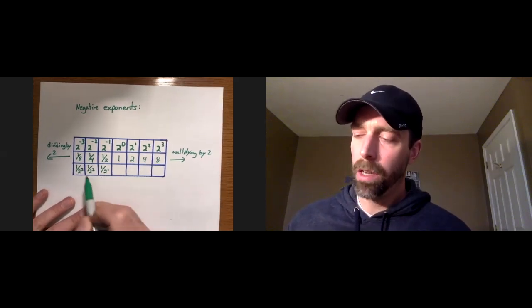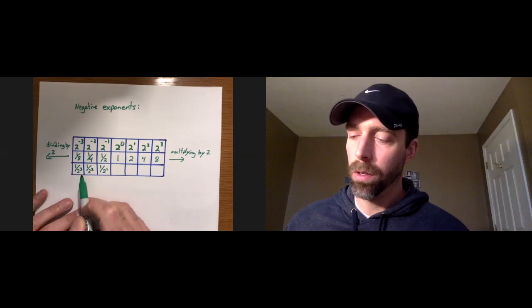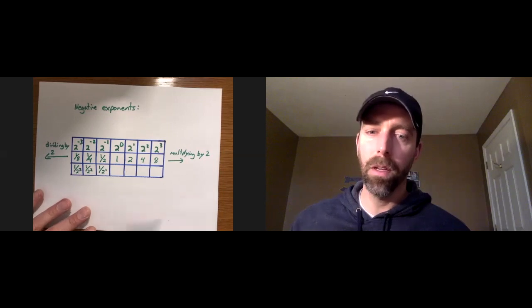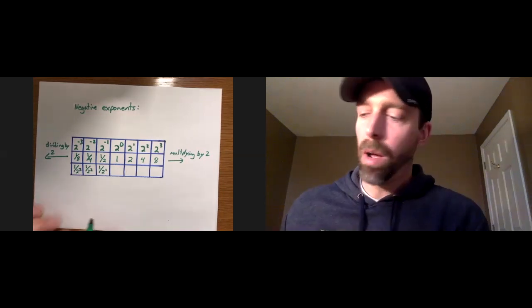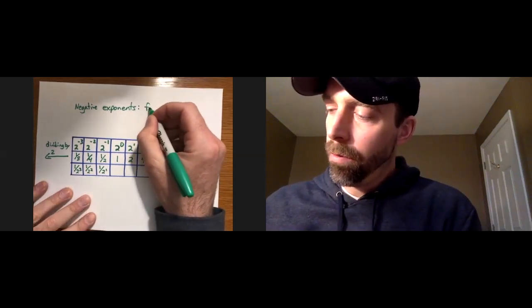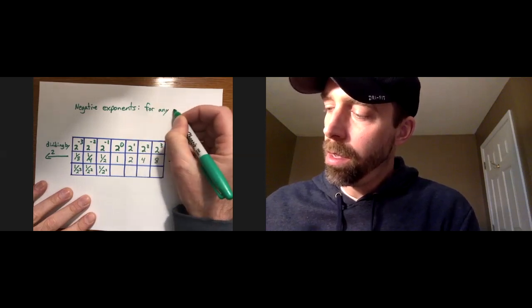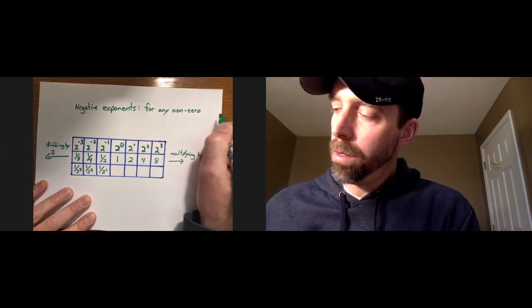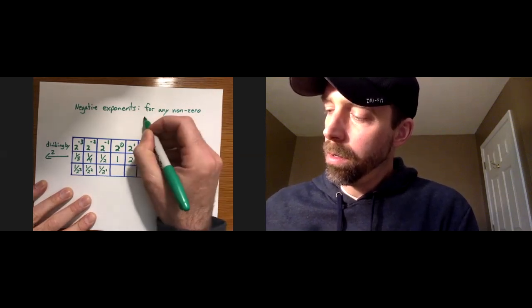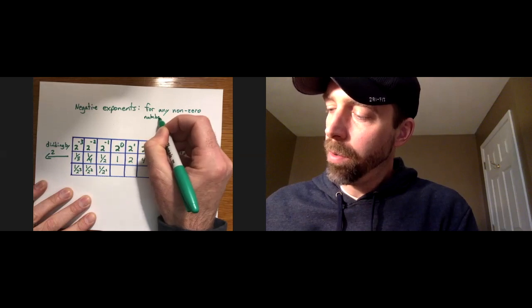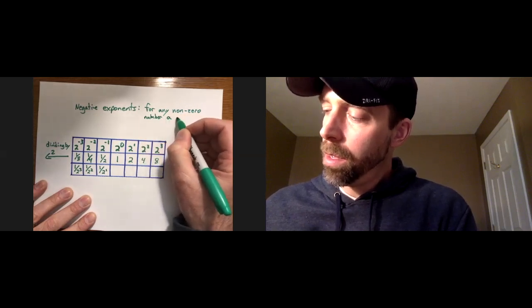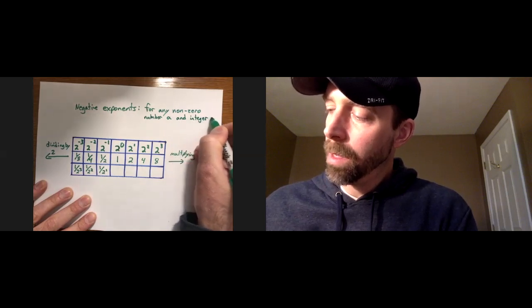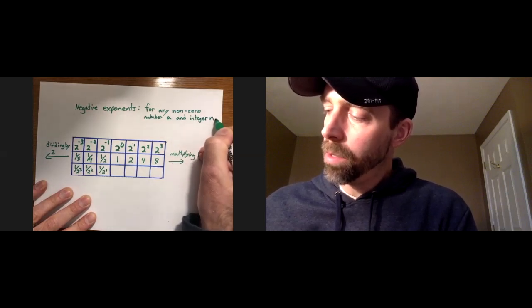So how can we kind of generalize this rule into like a property, okay? The negative exponent property, the property says this: for any number a and integer n, this is what's going to be true.